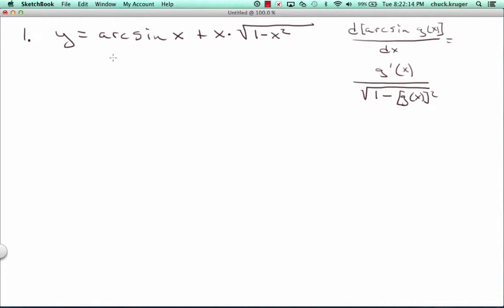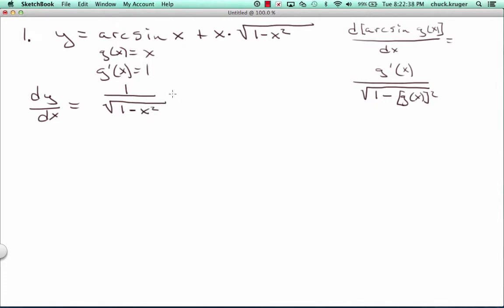So I'm going to figure out this derivative here first. G of x is equal to x. G prime of x is equal to 1. So dy dx here is going to be 1 over the square root of 1 minus this function squared, x squared. And I'm done with that.